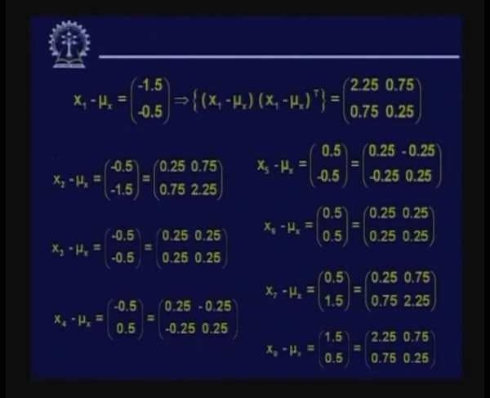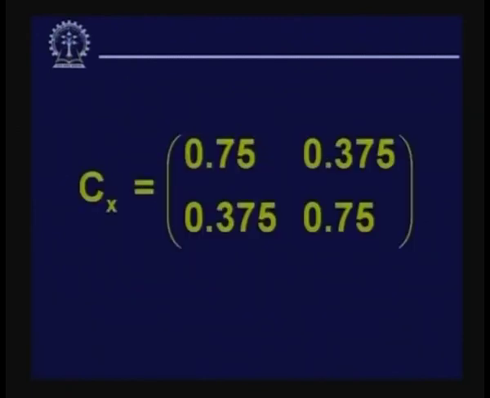So, similarly, we find out (x minus mu x) into (x minus mu x) transpose for all other vectors in the population X. And finally, the average of all of them gives us the covariance matrix Cx, and if you compute like this, you can easily obtain that the covariance matrix Cx will come out to be 0.75, 0.375, 0.375 and 0.75.